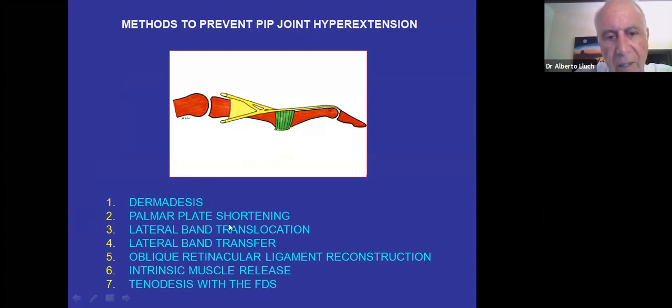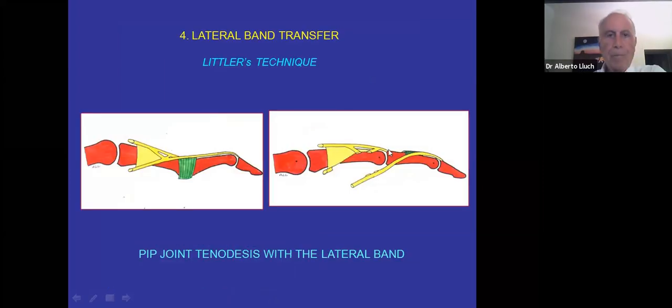We can do lateral band translocation, like Zancolli described, lateral band transfer, like Bill Littler described, retinacular ligament reconstruction, intrinsic muscle release, or a tenodesis of the PIP joint with 1 or 2 slips of the flexor digitorum superficialis.